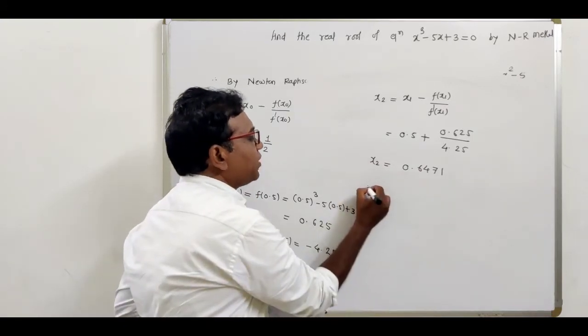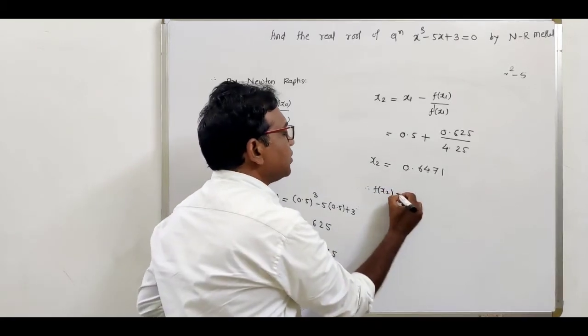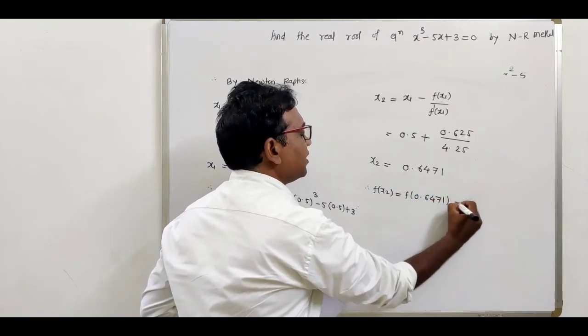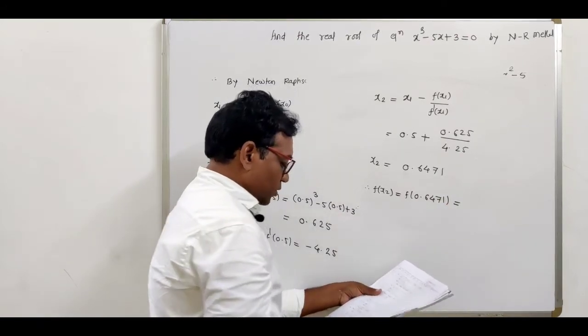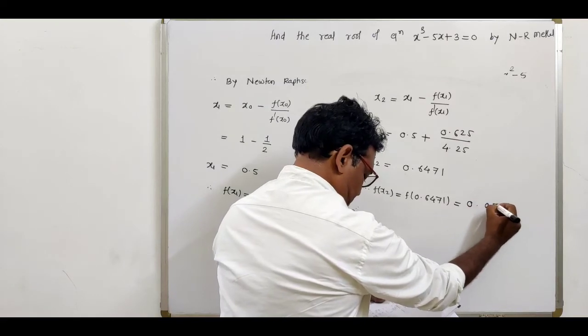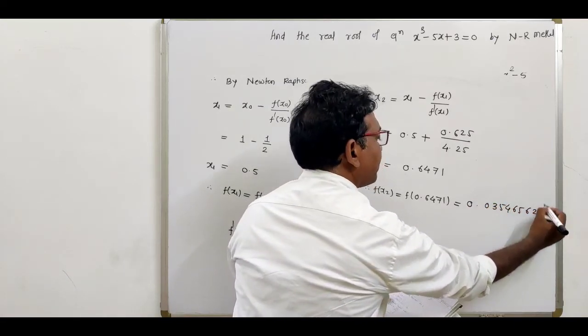Again same thing, find out the functional value f of x2 and f dash x2. So f of 0.6471 is 0.035465625.